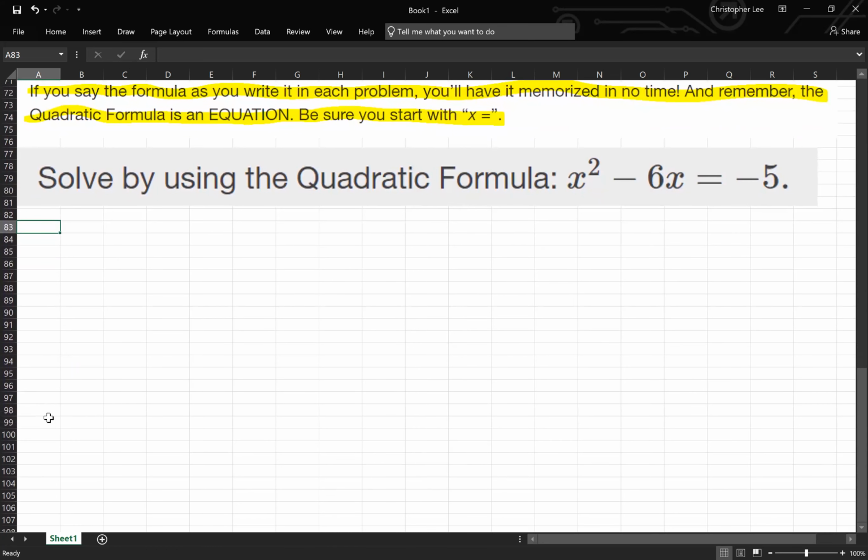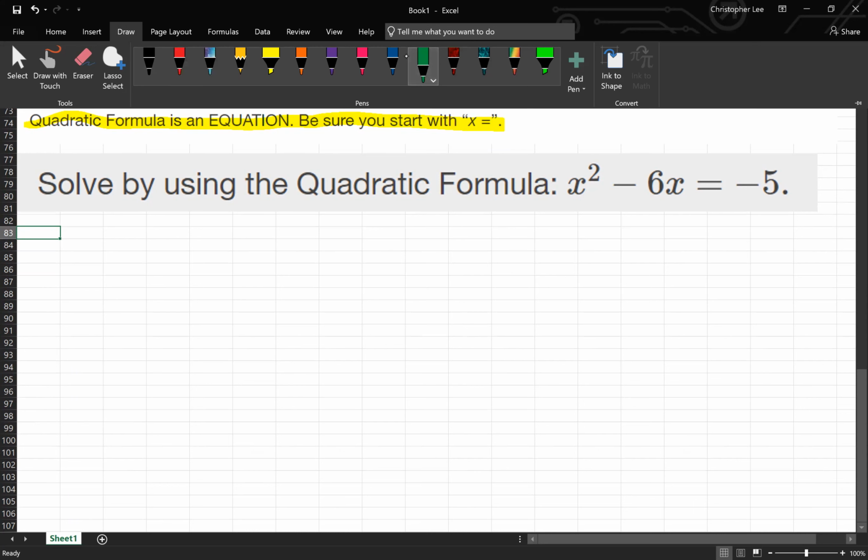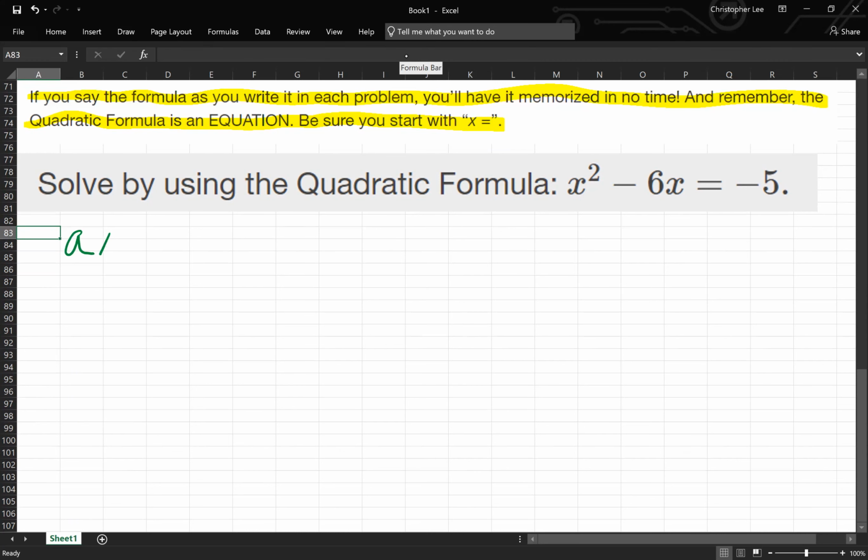Right? So we're gonna solve this quadratic equation, x squared minus 6x is equal to -5, by using the quadratic formula, right? Now, here's the thing. Standard form is ax squared plus bx plus c is equal to 0.